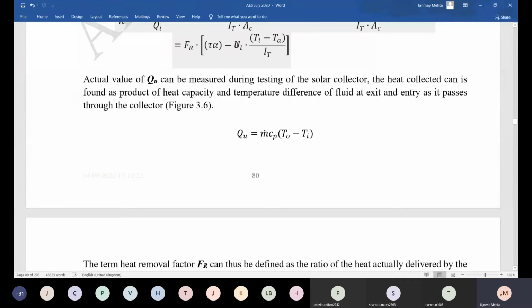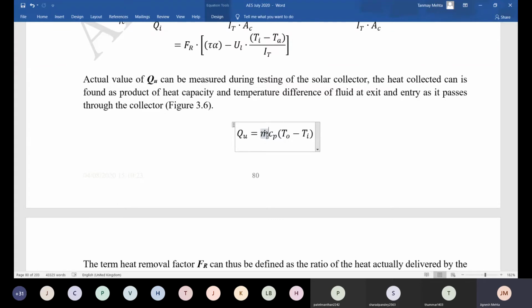Unless I test it, I won't get it, right? So after testing, you get these terms and then you show the efficiency or write the equation for efficiency. But that has to be done by testing the collector. So let us see how a solar collector is tested. So this testing has to be done like many other products.